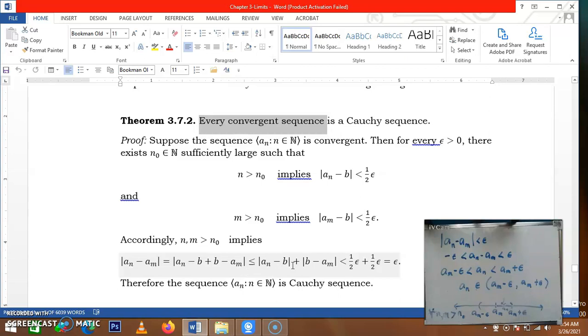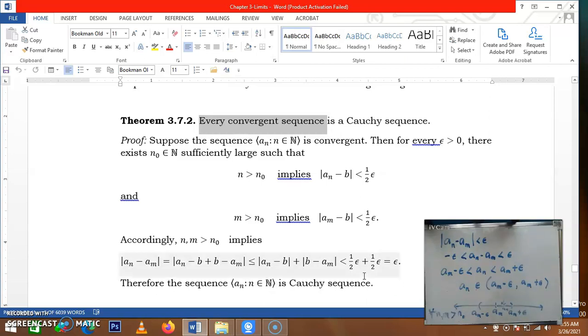Then, less than, we separate the absolute value, and we know that this one is less than 1/2 epsilon and this one is less than 1/2 epsilon. Now as you noticed, a sub m minus b and b minus a sub m are just the same, because if we factor out -1, the absolute value of -1 is 1. So if we add these, the result is epsilon. Therefore the sequence is Cauchy.